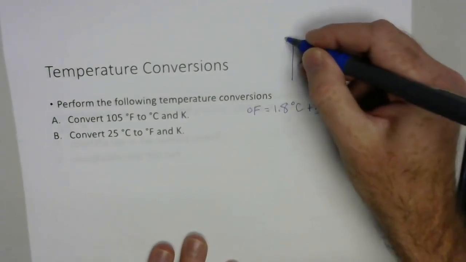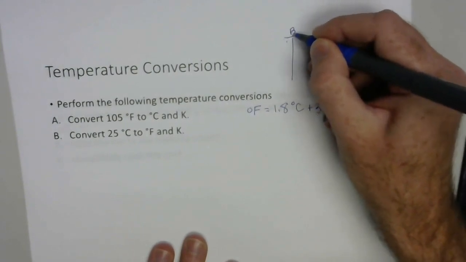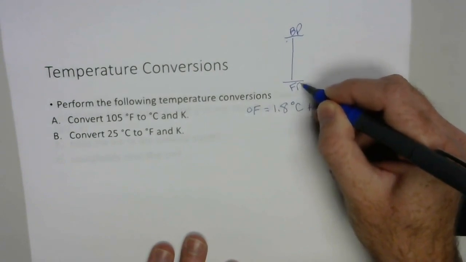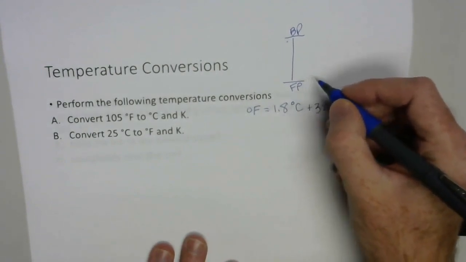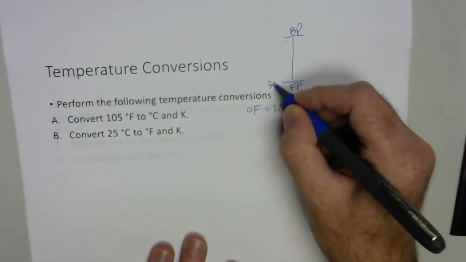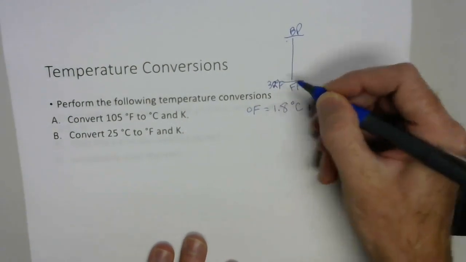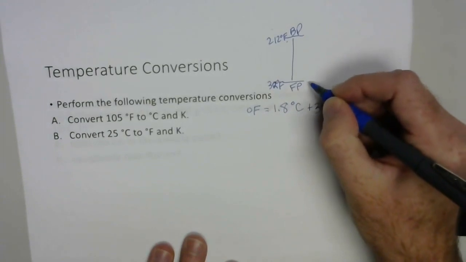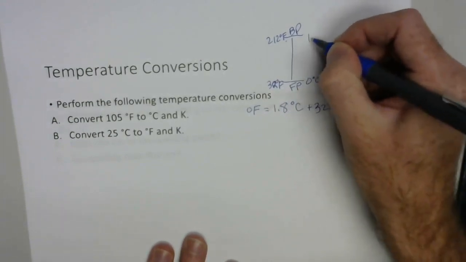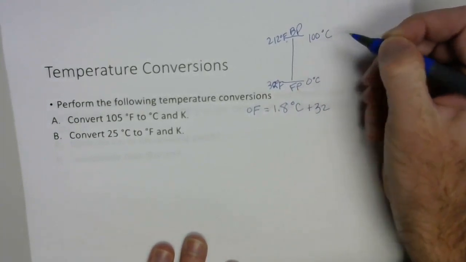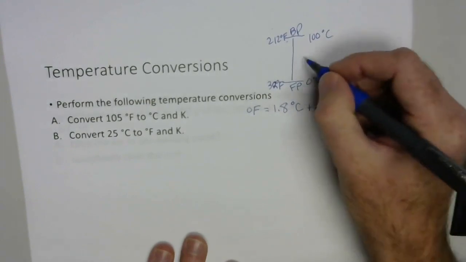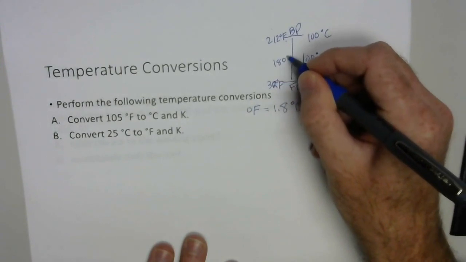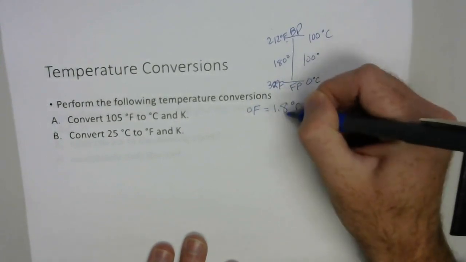If we establish a scale where this is the boiling point up here, and this is the freezing point down there, it's 32 degrees Fahrenheit, 212 degrees Fahrenheit for the boiling point, then 0 degrees Celsius, 100 degrees Celsius. So this is 100 degrees, this is 180 degrees, so 180 divided by 100 is 1.8.